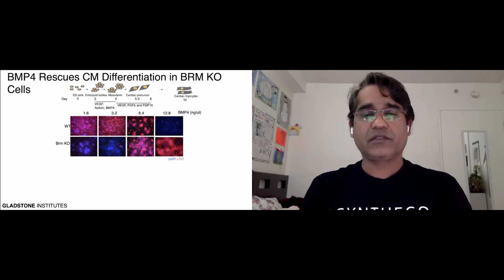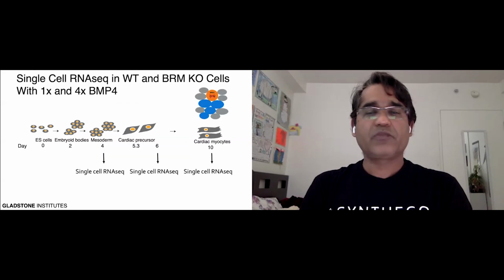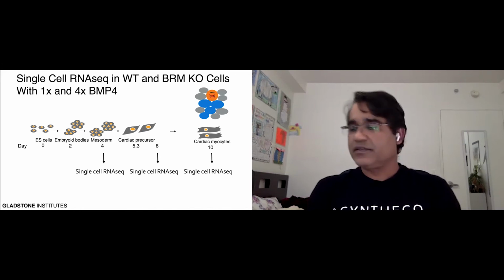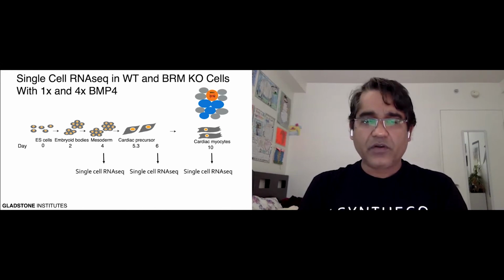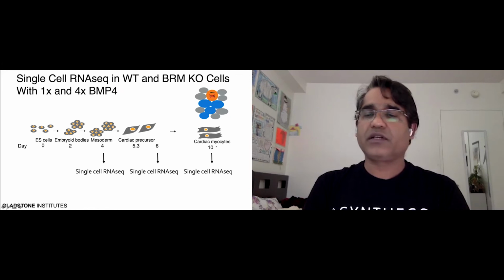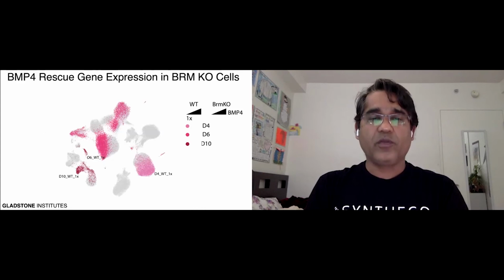Also, we checked many factors by Western blot. But I'm going to show you here today that we did single cell RNA-seq at the mesoderm, cardiac precursor, and cardiac myocyte stages, and we can see how the rescue happens globally.